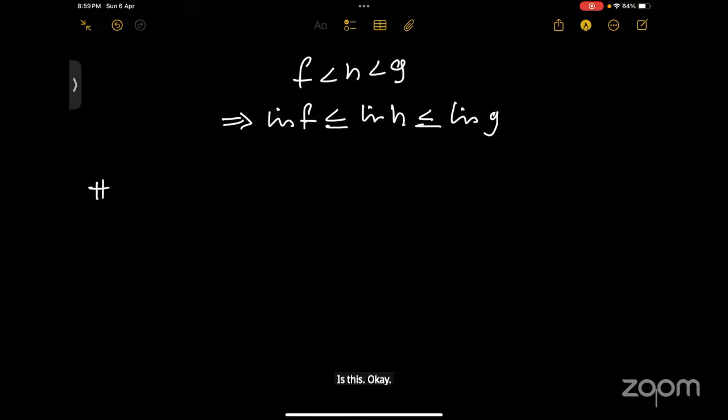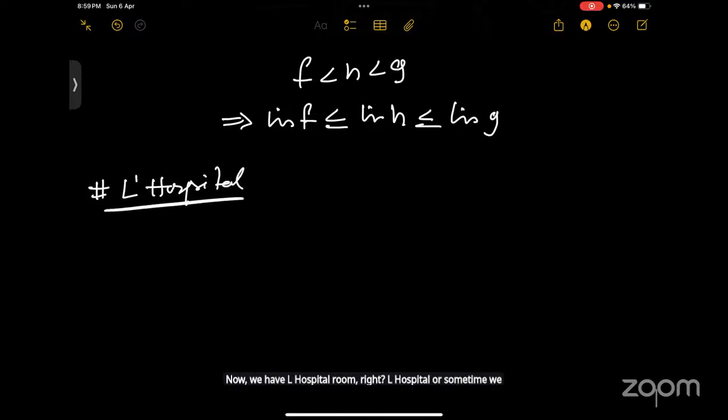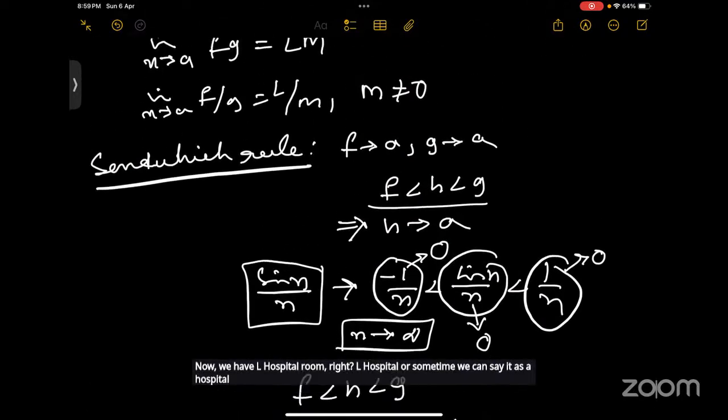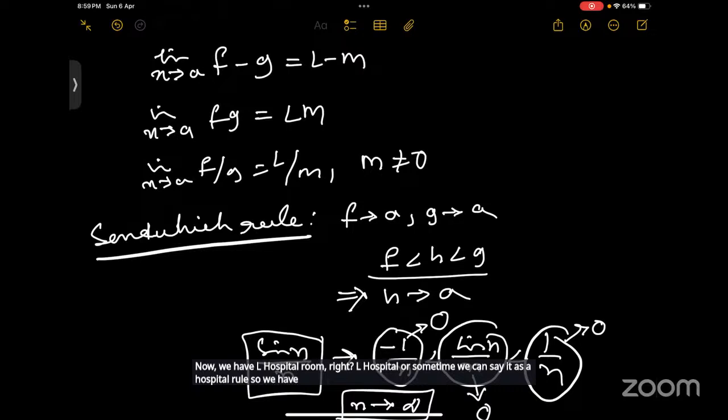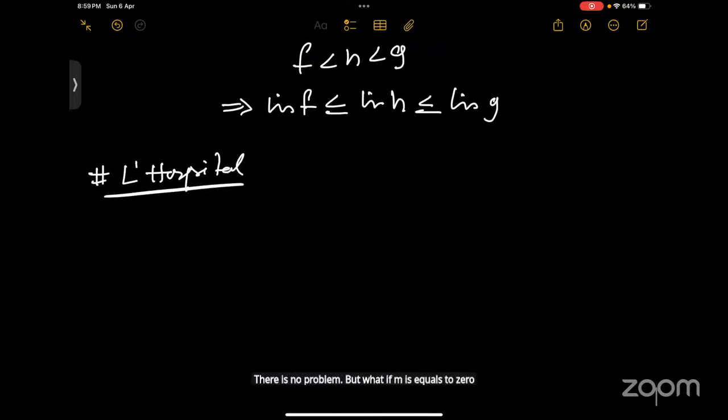Now we have the L'Hospital rule, right? We have seen the division rule. If M is not equal to 0, then we can apply the division. There is no problem. But what if M is equal to 0? For that, we have the L'Hospital rule.